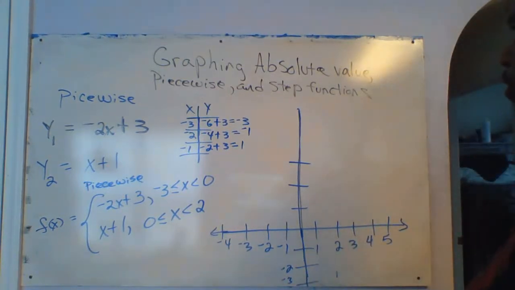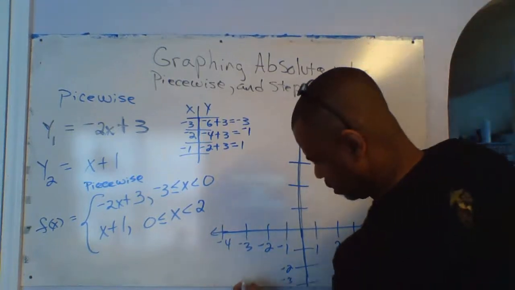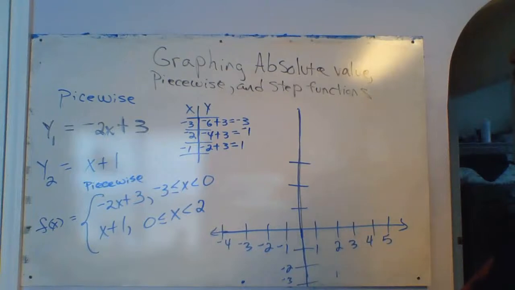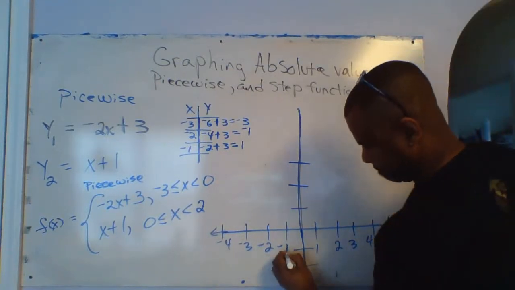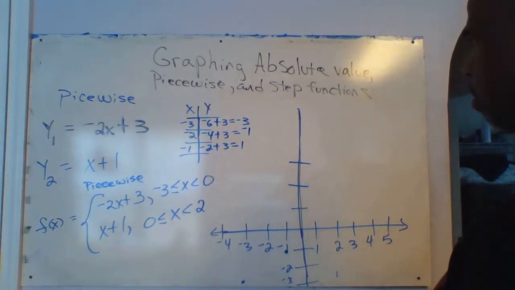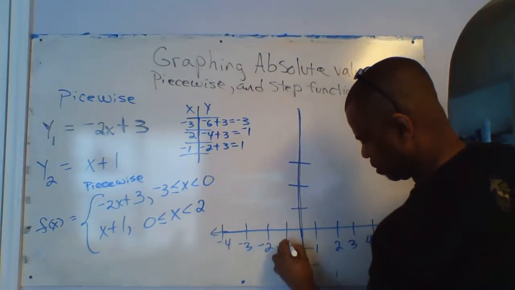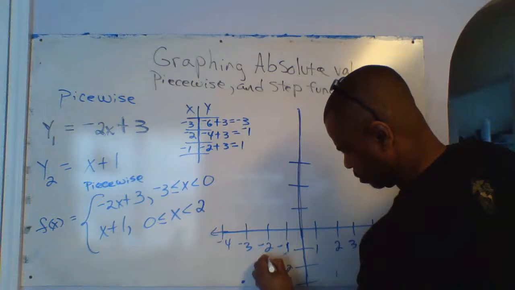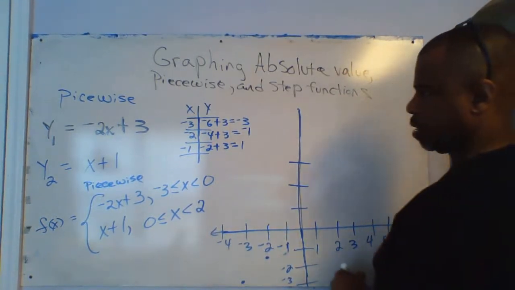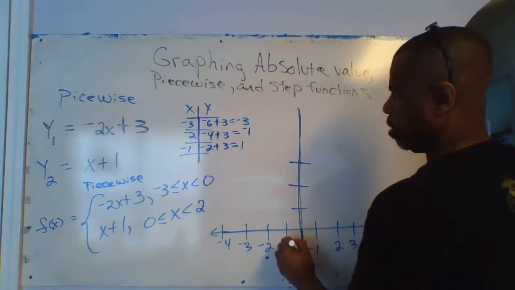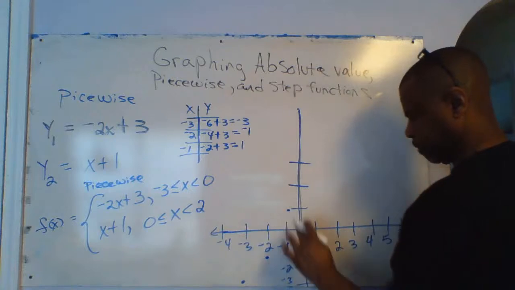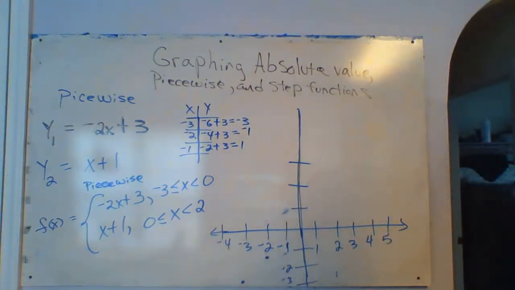All right. So if we do -3, that's going to be right here. And then if we do -2, we get -1. Then -2, -1, I'm sorry. And then we plug in -1, we're going to get 1. What did I do?